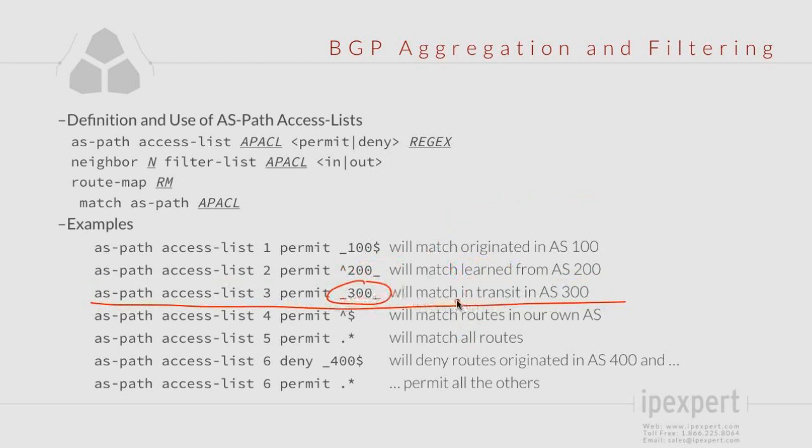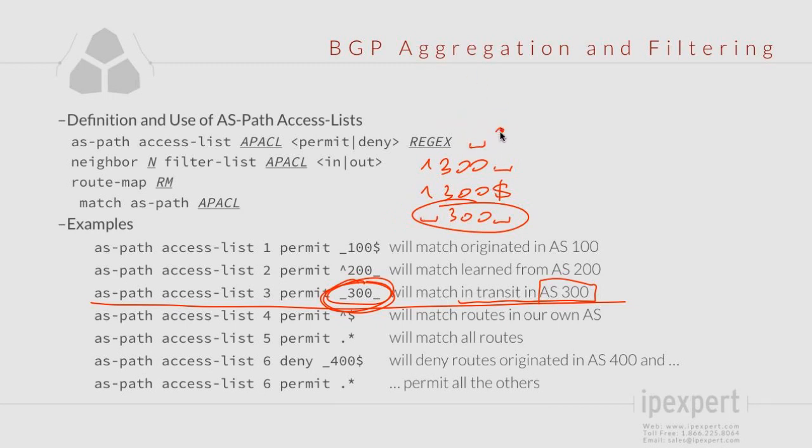Again, in AS path access list 3, we have underscore 300 underscore. This will match routes that were in transit in AS 300. But keep in mind that written like this, it will actually match these three. So if you wanted to match only those routes that were in transit in 300, but were not, for example, originated there, actually, it's going to match one more.